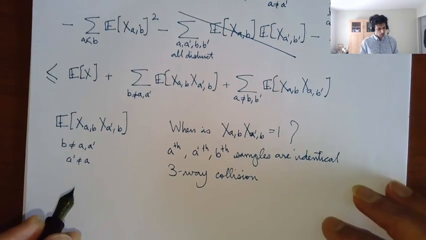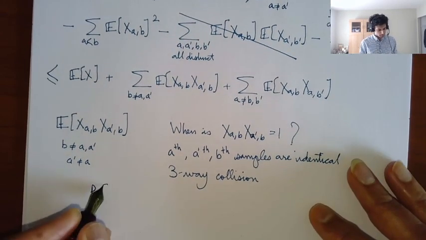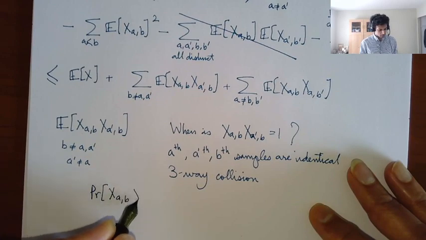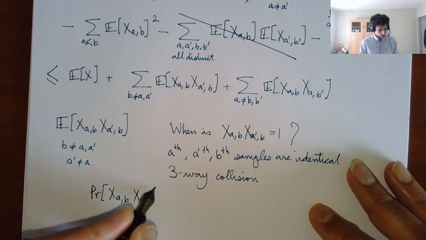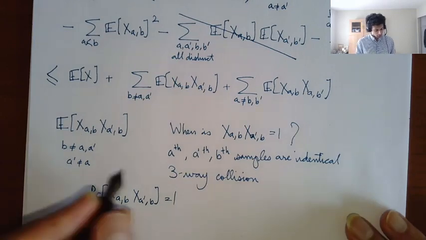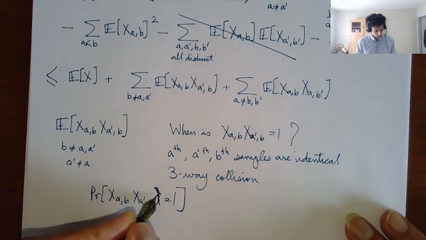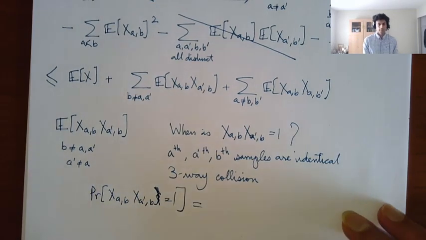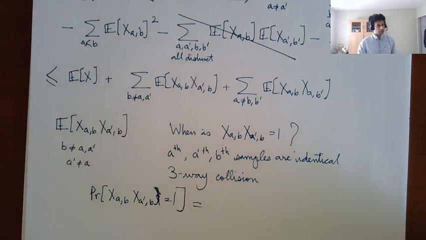Okay, so now what is the probability that XAB XA prime B is equal to 1? It's a clean expression. It's not messy. So what is that expression?